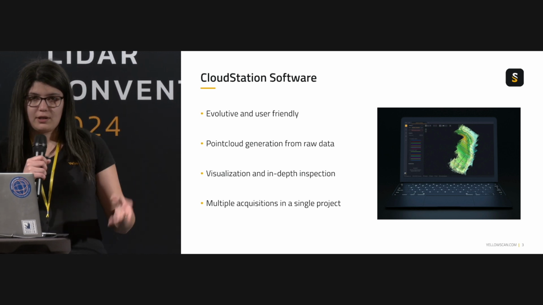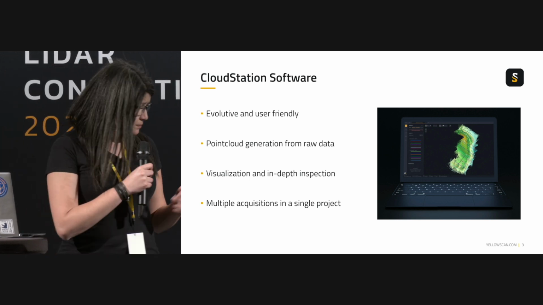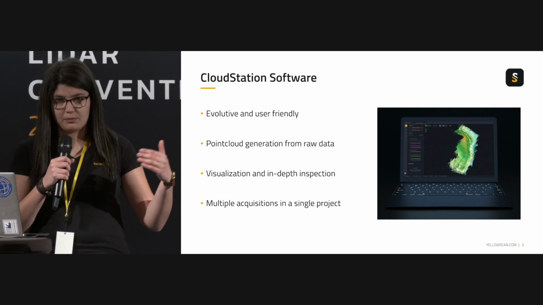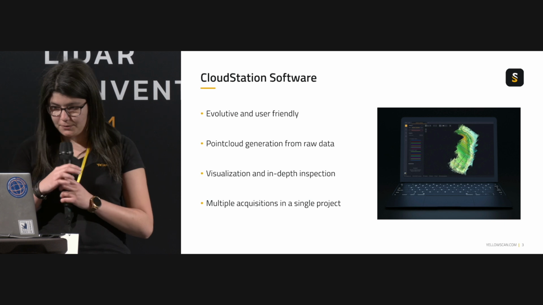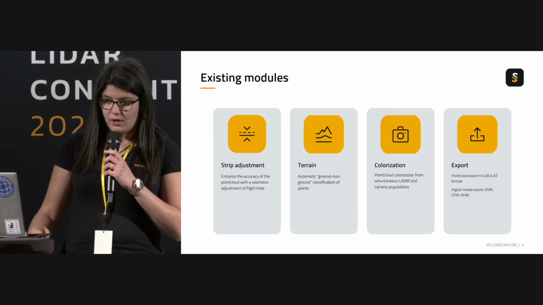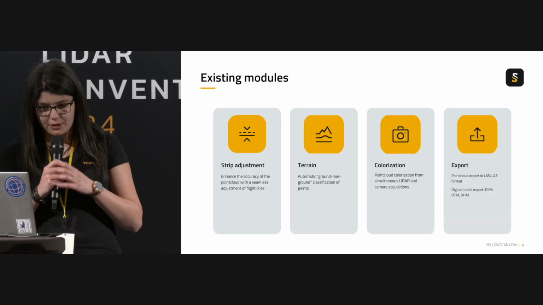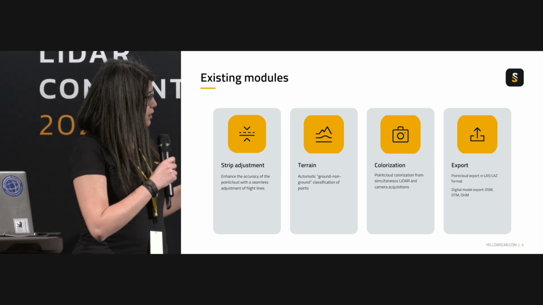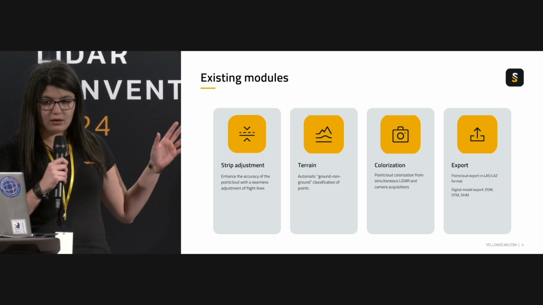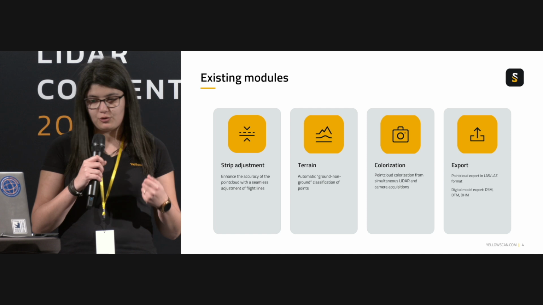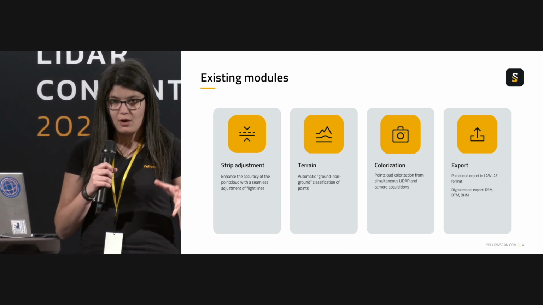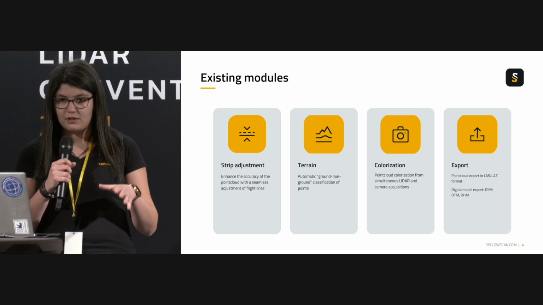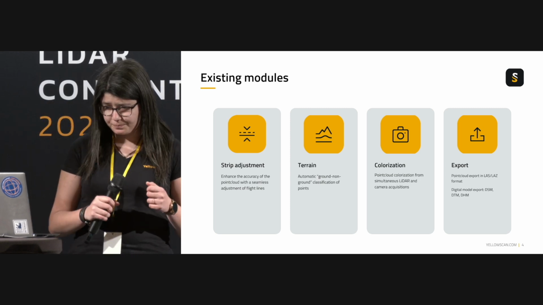One of the particularities of the CloudStation is that you can have multiple flights or acquisitions in a single project. The existing modules of the CloudStation are these. The first one is the strip adjustment module, which allows you to enhance the accuracy of the point cloud by adjusting points that come from different flight lines.